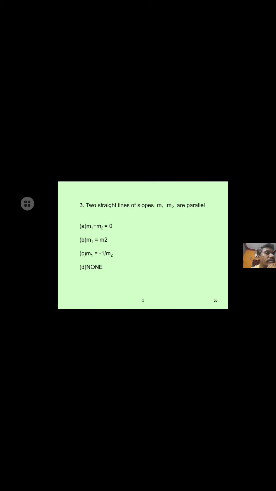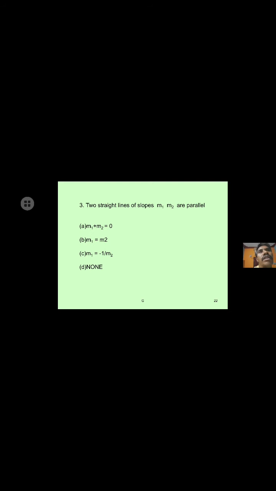Then if we calculate the slope of the first line, we already know m equals minus a by b.